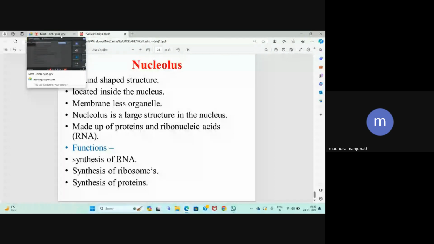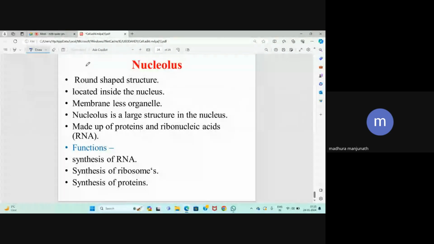What is the function of RNA? RNA, ribonucleic acid. Ribonucleic acid is also a type of protein. DNA is deoxyribonucleic acid, RNA is ribonucleic acid.